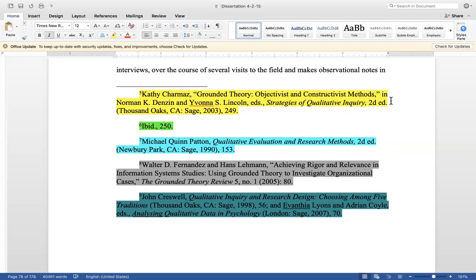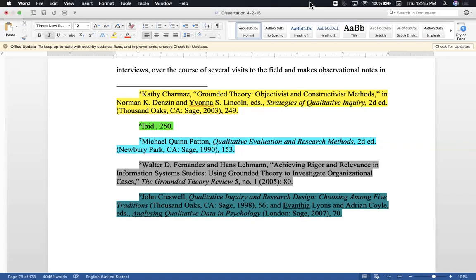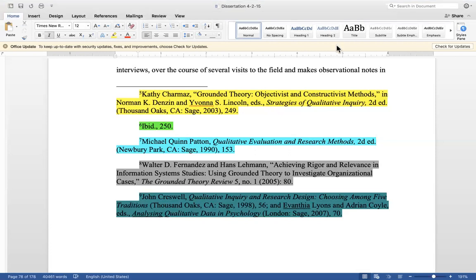If you're using a chapter, if you're doing Ibid, if you are doing just a book, if you are using a journal article, and then here we have 2 books together in a complex note. I'm going to take you in just a moment and show you a bibliographic entry in this same video.